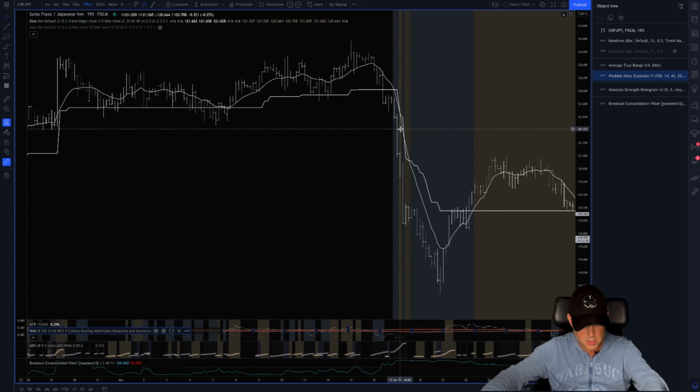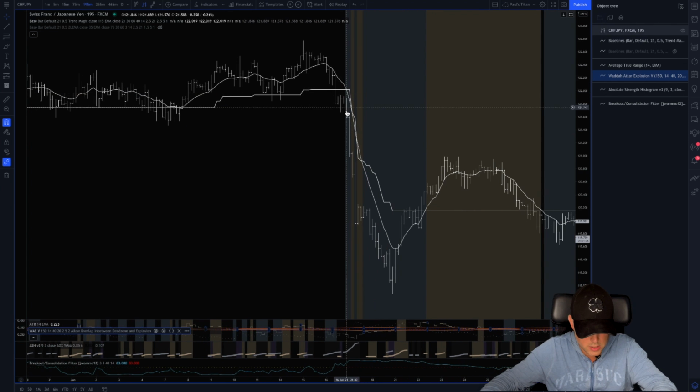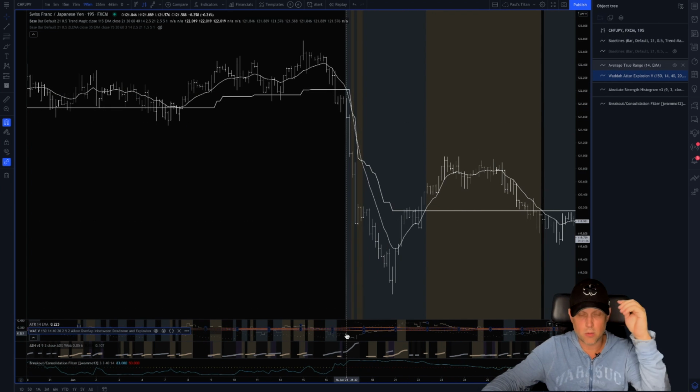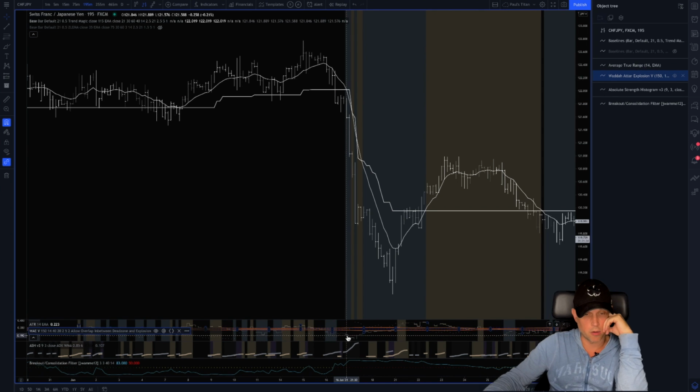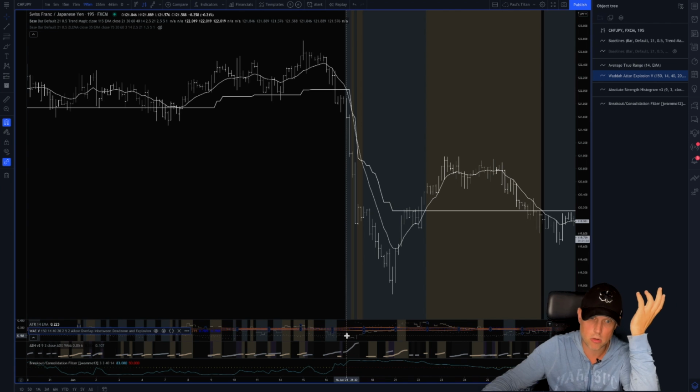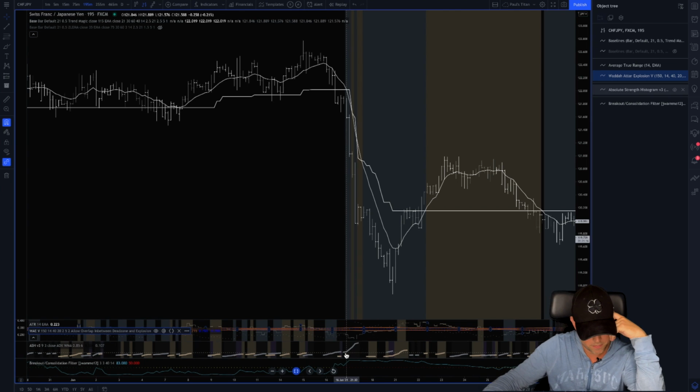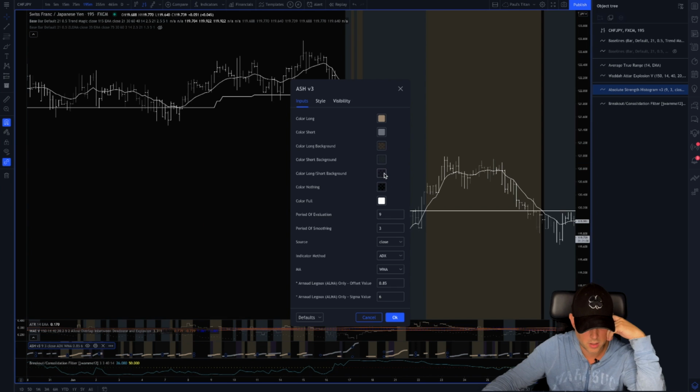Okay, let's check out this entry here so that we have a crossing. That does not coincide with the volume, because the volume's expired already. So again, you might increase the expiry on the volume to line that up. I don't know why this is not providing a background on, I might have just have the colors messed up here.